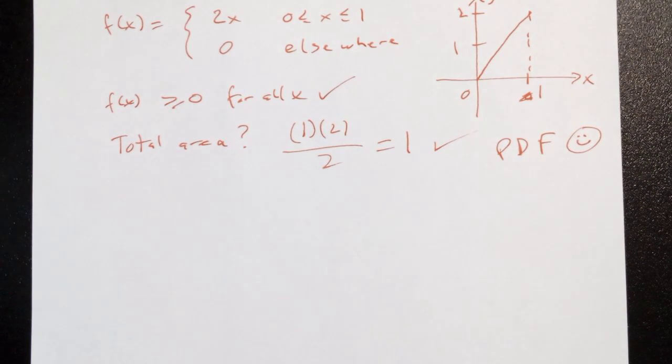Now, the worst part about this course is that any function that satisfies these two rules could be a PDF. And that gives me infinitely many choices to play with, and that's going to suck. And I would then have to figure out areas under those curves. That's what I do in a calculus course.